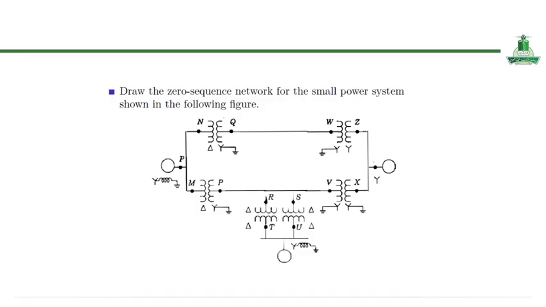Okay, this slide also presents a more advanced example where the objective is to systematically draw the zero sequence network for the given small power system. This figure, a single line diagram, shows the multi-bus system with several transformers, each having different winding configurations, delta-star and star-star, along with multiple grounding points.